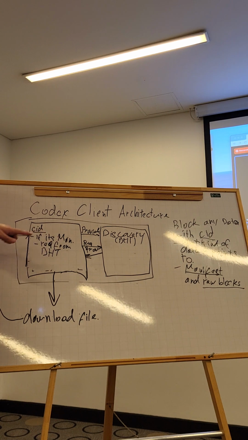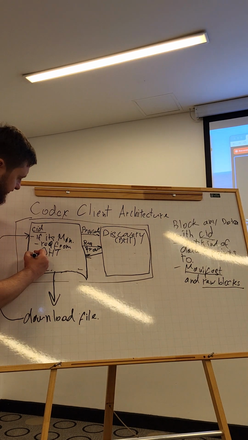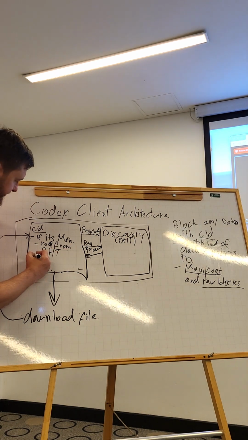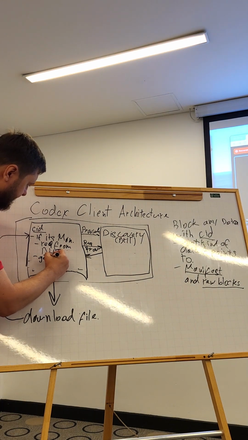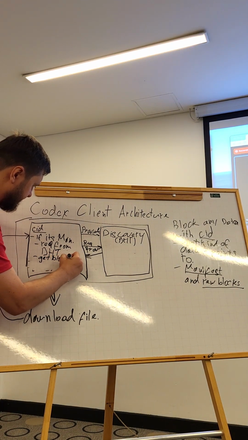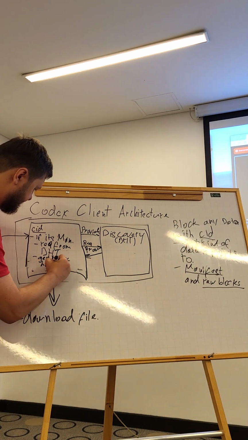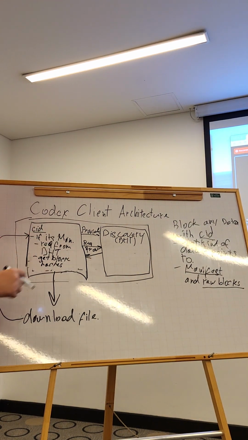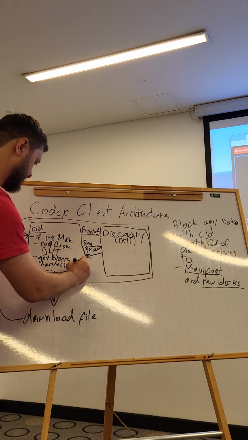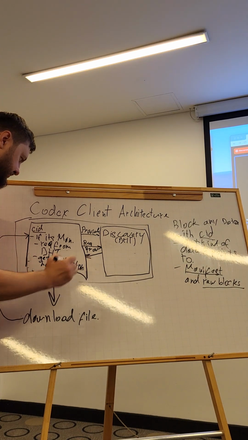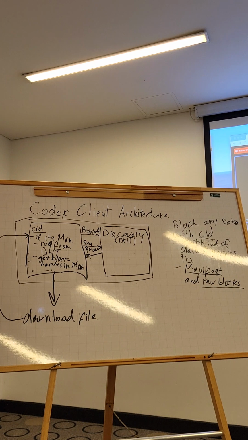So in this case, we're downloading a manifest block, right? Once we get the manifest block, we obviously deserialize it, unpack it, and we get the block hashes in the manifest, right? Okay, and more or less the same thing happens.